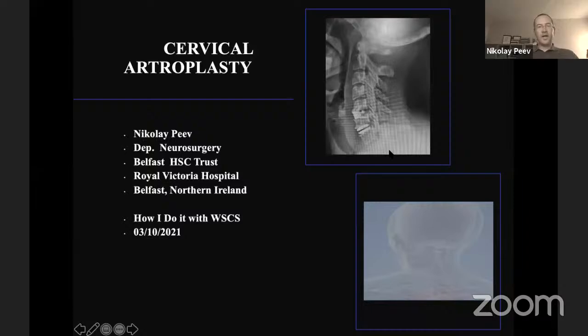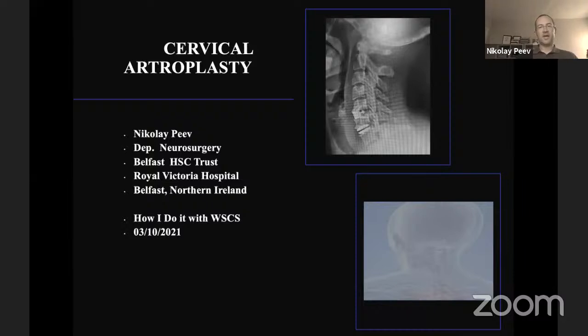Okay, so I'm going to talk to you a little bit about the cervical arthroplasty. So surgical approach, everything is literally one-to-one to what was already said by Salman. Absolutely similar approach, if you do ACDF or if you do disc arthroplasty.